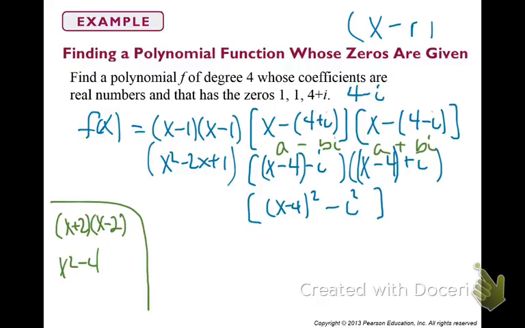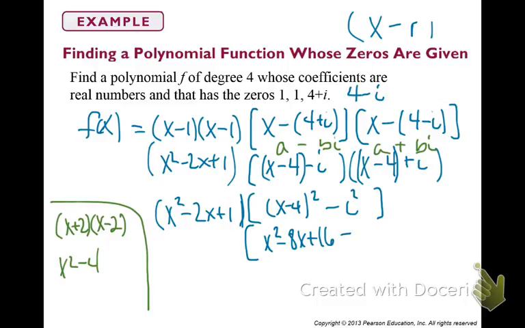Okay. So now it looks a little bit easier to work with. Now let's expand that x minus 4 and multiply it out just like you did the x minus 1. I'm going to bring down the x squared minus 2x plus 1 because that's still there. Now we're going to multiply the x minus 4 times itself. That's going to give you x squared. Your outer and your inner is going to be negative 8x. And your last is going to be plus 16 minus your i squared.